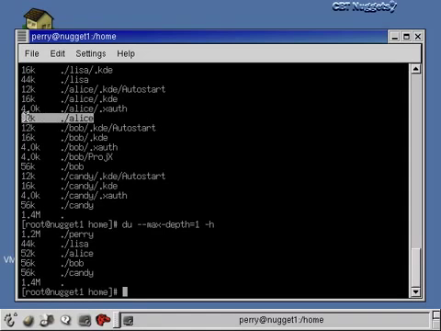Just like here it was Alice was 52 kilobytes. There it says Perry is 1.2 megabytes and so on. So this displays, it still goes in and counts all the subdirectories of Perry and Lisa and Alice, but it just displays the top level of those so I can get at least a rough idea of what's going on in the system. So using df and du, you can get a good idea on what's being used, how much is left, and where the use is coming from.